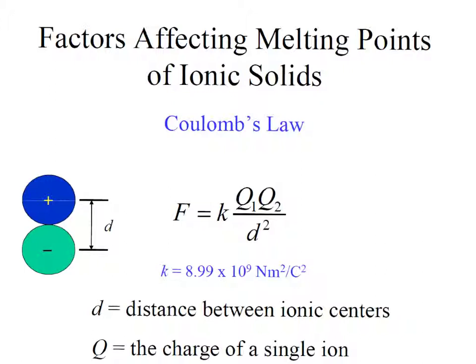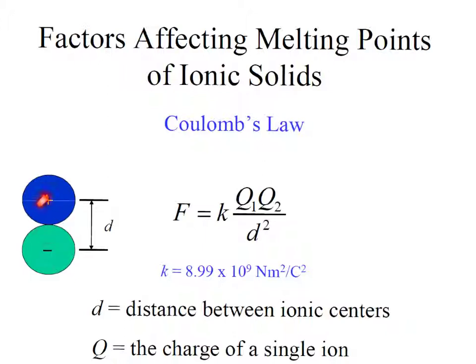Coulomb's law can also be used to predict the relative melting points of ionic solids. If we think of sodium and chloride as just a positive and a negative charge that are separated by some distance, we can look at Coulomb's law and know that as the distance increases, the force is going to decrease. So the bigger the cation and the anion, the lower the melting point.